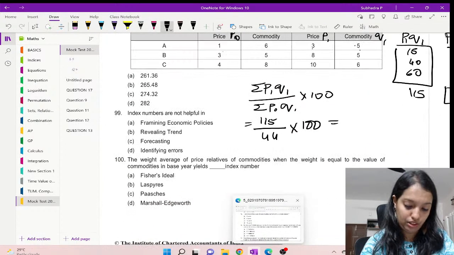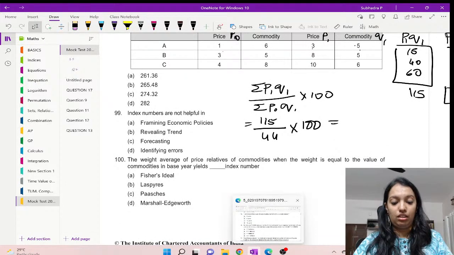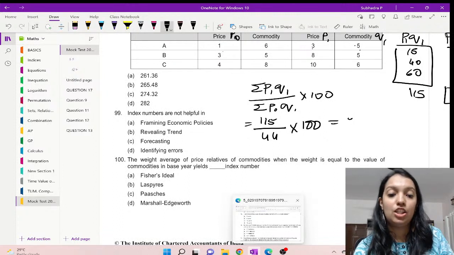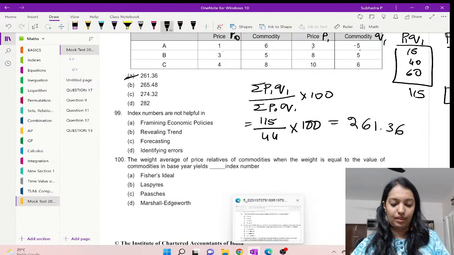So the answer for this question, 115 divided by 44 into 100, is 261.36, which is option A.